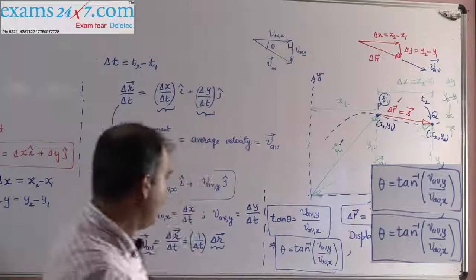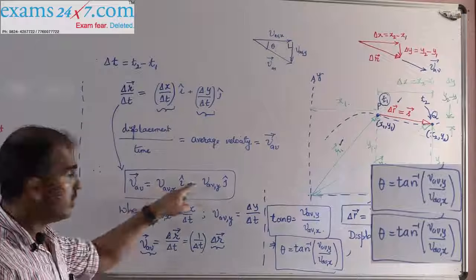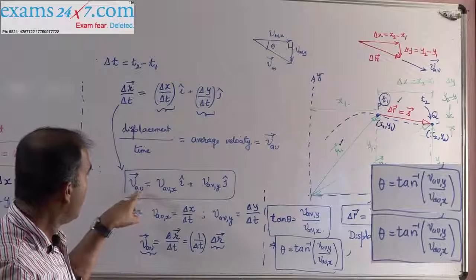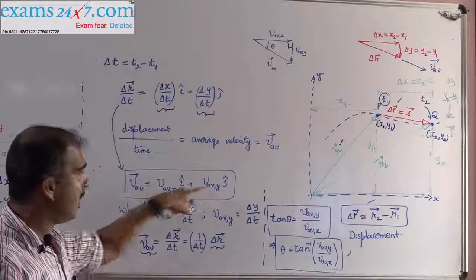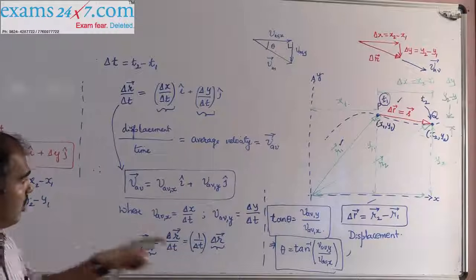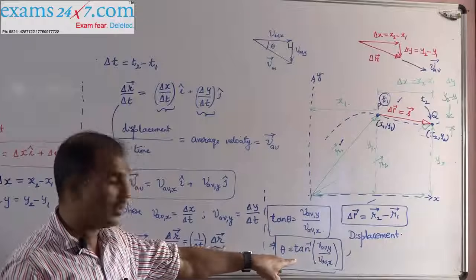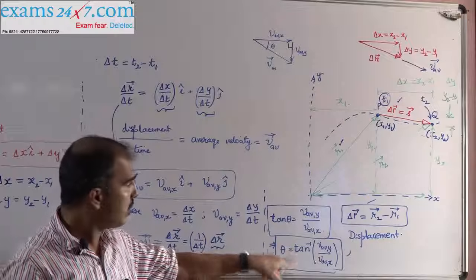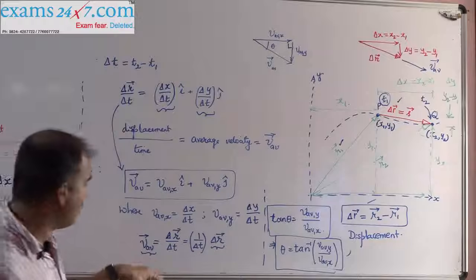What about the magnitude? This expression, of course, gives the average velocity both in magnitude and direction, but here we have synthesized that in terms of direction only. How to find the magnitude? How much is the strength of the average velocity?